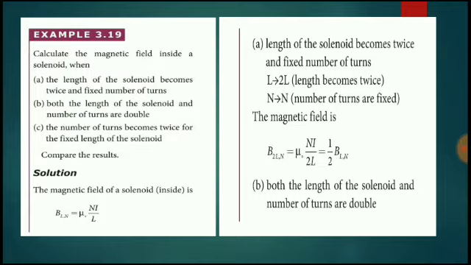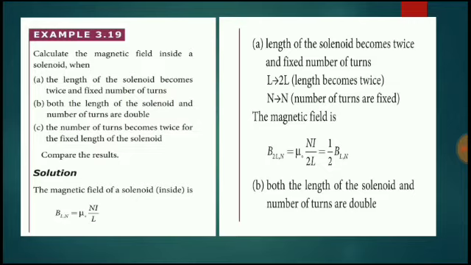Here the length of the solenoid becomes twice with a fixed number of turns. Therefore the length is taken as 2L and N is taken as N. So substituting, B is equal to mu naught N I divided by 2L, because the length is twice.